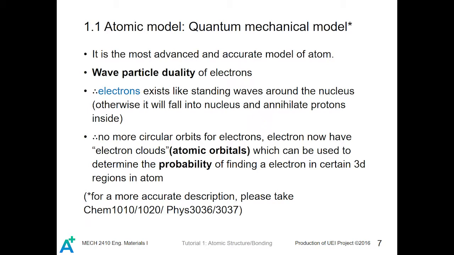So basically, our 2D-shaped orbits are changed to 3D-shaped atomic orbitals, which describe the probability. And if you want a more accurate description, please take Chem 101, 1020, or Physics 3036 or 3037, and I will suggest you take Physics 3036 or 3037, which is quantum mechanics.